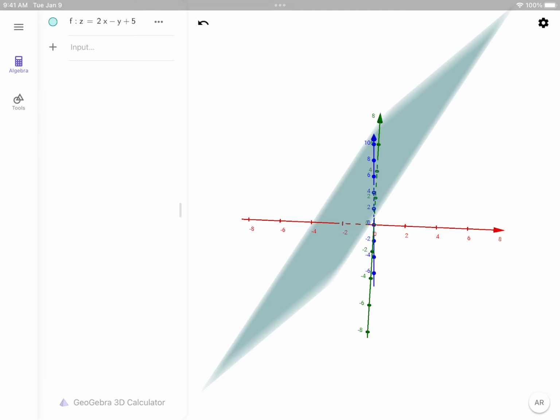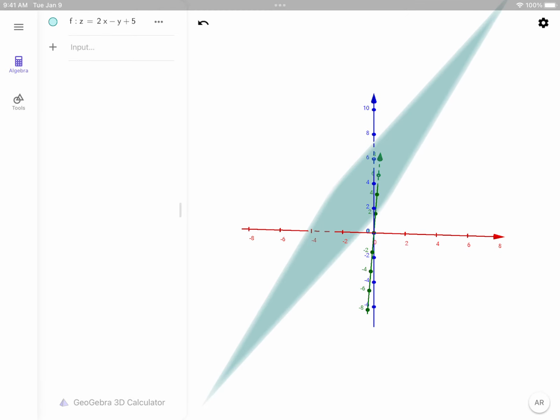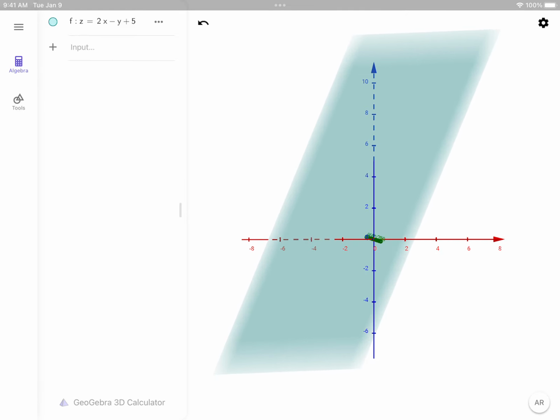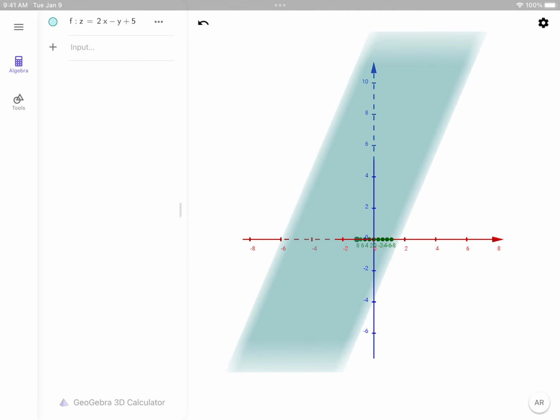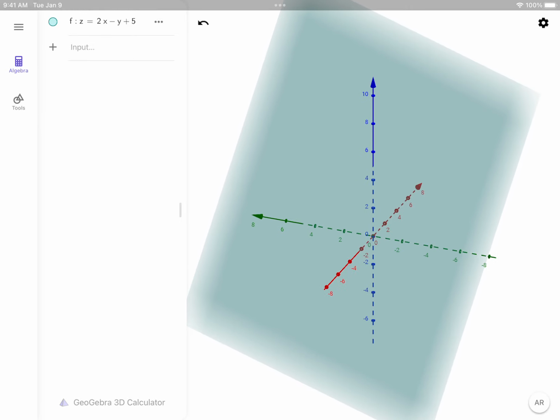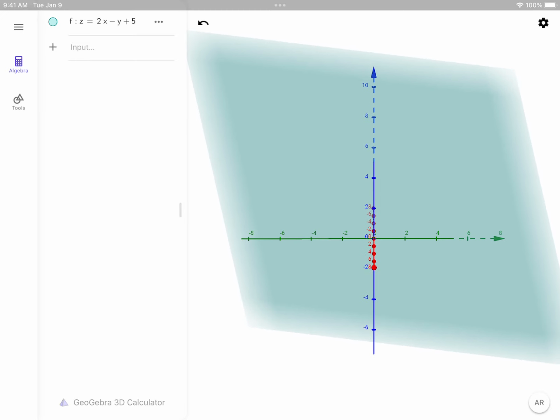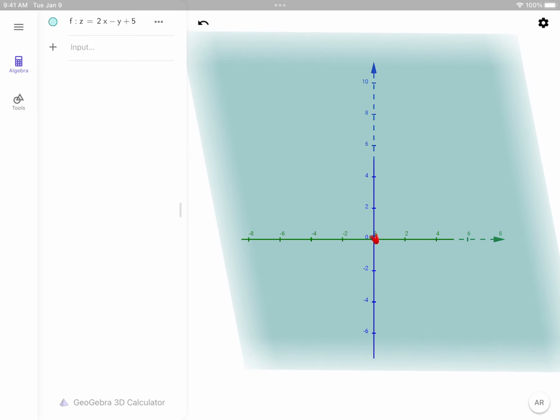What that means is that if we were to rotate this guy so that we're in the xz plane, we're just ignoring the y-axis, the green axis, this thing is going to have a slope of 2, right? These sides are going to have a slope of 2. On the other hand, if we check out this guy from the perspective of the yz plane, let's put our y-axis horizontally and our z-axis vertically.